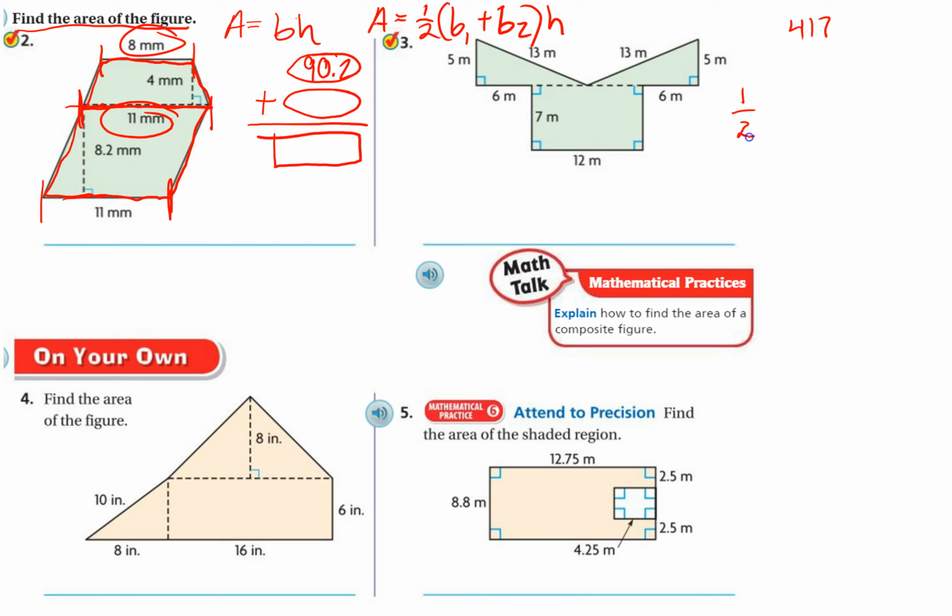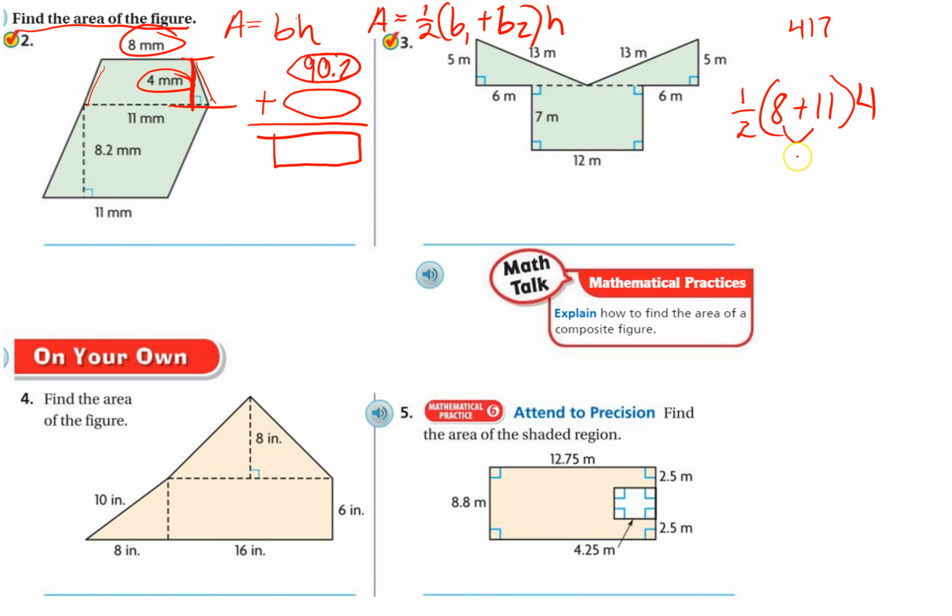So 1/2 times 8 plus 11, and then times the height, which they gave us. Let me erase some of these lines. They gave us the height here. Remember, we always use vertical lines. We never use slanted lines to find area. So the height is here, 4.